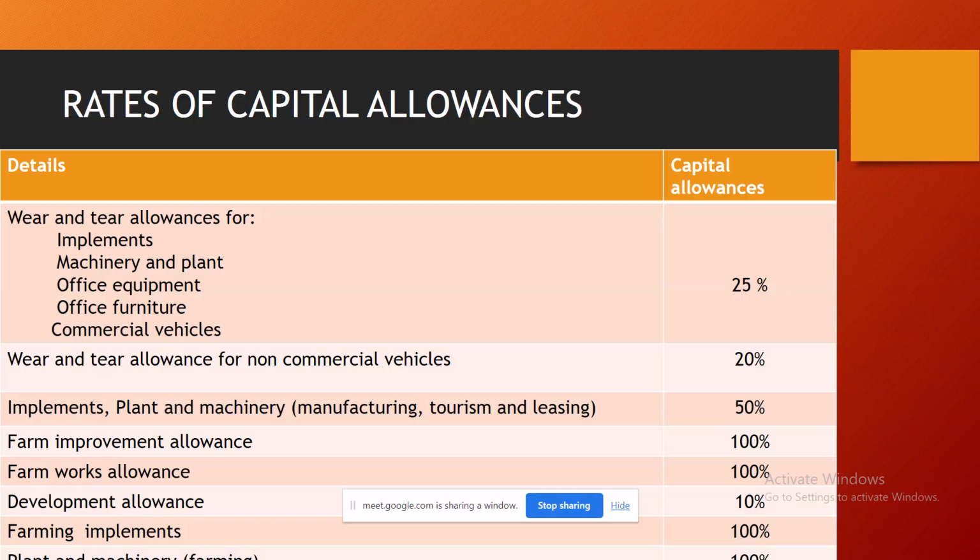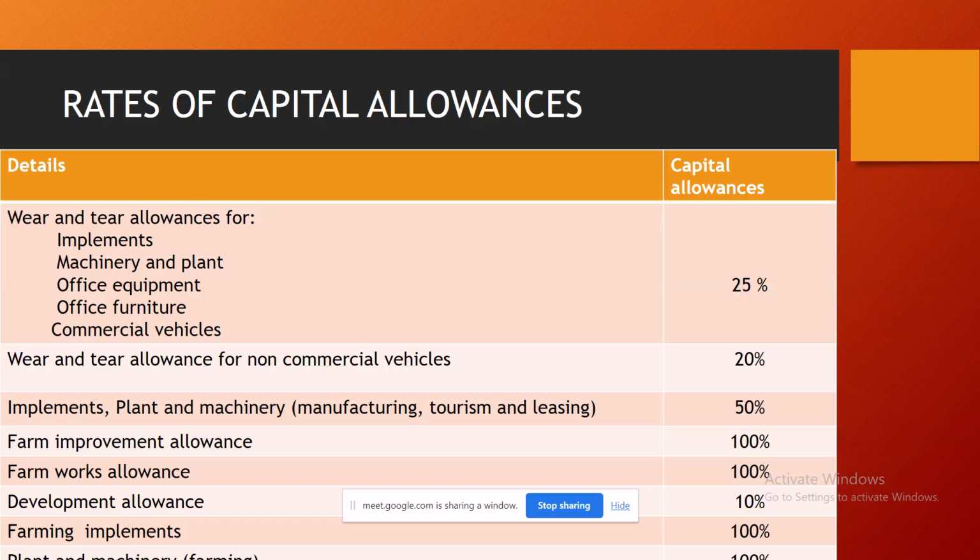When we talk about non-commercial vehicles, you notice that under wear and tear allowance, we have a 25% rate for commercial vehicles.